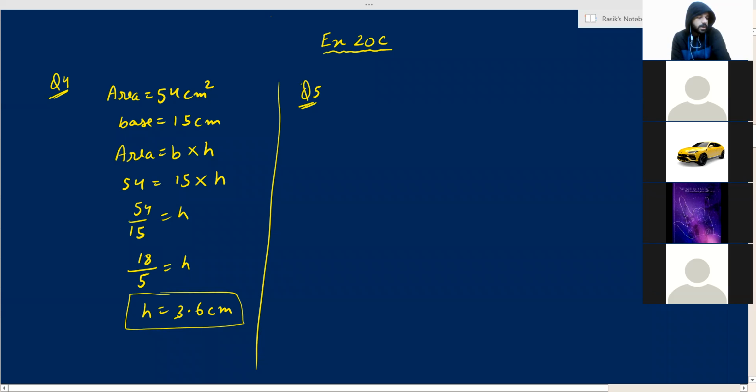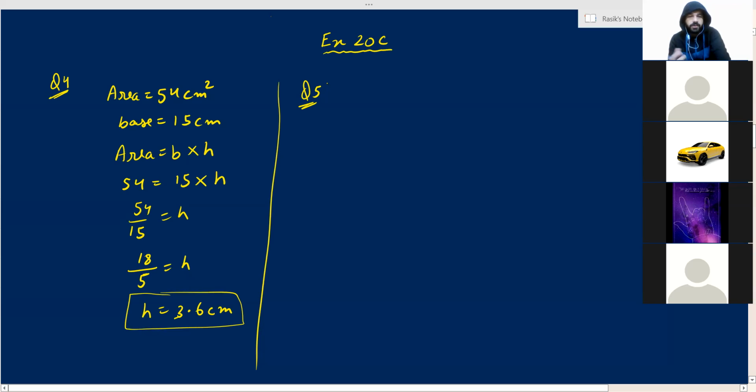Question 5. One side of a parallelogram is 18 centimeters long and its area is... same type of question. One side of the parallelogram, that will be the base, and find the distance of the given side from the opposite side. What is the meaning of height? Height means the distance between the two parallel sides is known as the height of the parallelogram. So they are asking the height of the parallelogram, but they have not used the word height.